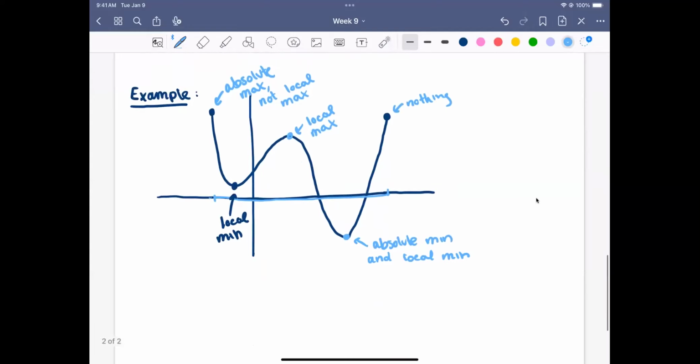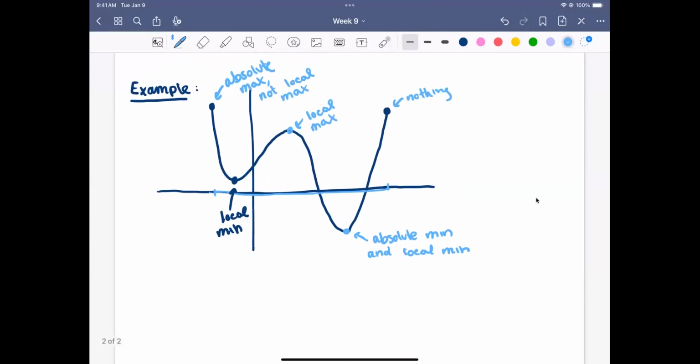Okay, so here's the question. These are all just called extreme values. So when do we have extreme values?